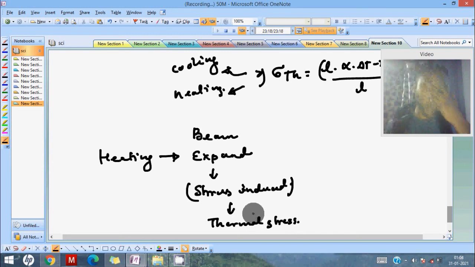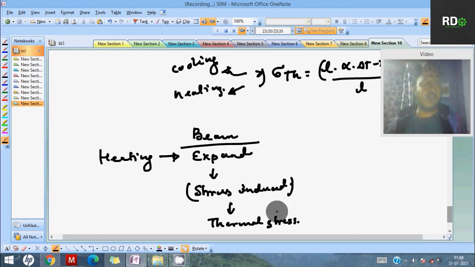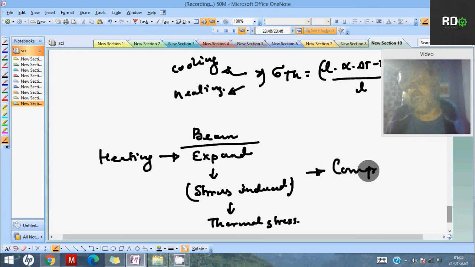If you do the heating, there will be expansion in the object or the beam, and stress will be induced. That will be thermal stress. Okay, this stress will only be induced if you try to stop the expansion. It can be full expansion or a half expansion, but if you try to stop the expansion, there will be stress induced, and this thermal stress will be compressive in nature.